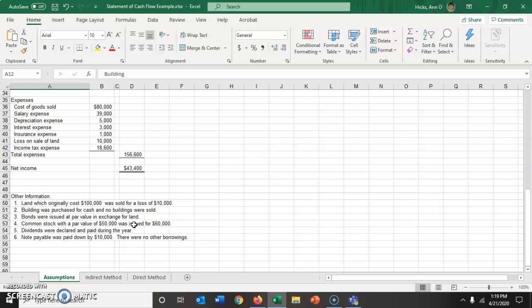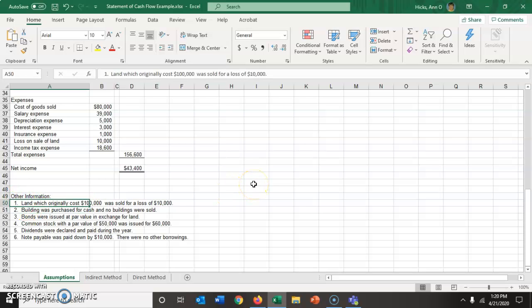If we look at the other information, and this is where we need that general ledger, because unlike the current assets and current liabilities, we can't just say, okay, land decreased by 80 and leave it at that, because that decrease may have been a combination of a sale and a purchase. We just don't know. So we've got to look at the detail. Now, there are two pieces of information that are important here.